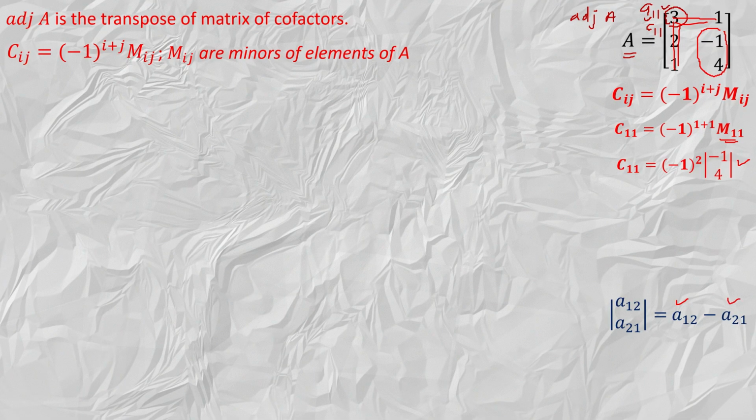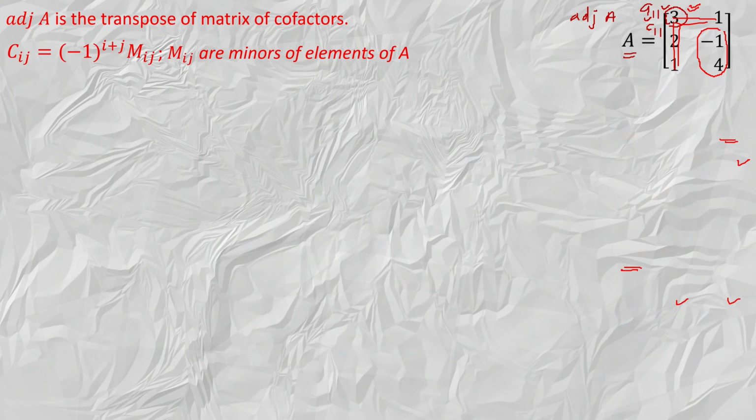By applying this formula on -1, 4, we get -1 minus 4. So C11 will be equal to, after simplification, -5. In this way, we have found the cofactor of the first element 3. Using this process, we can find all other cofactors.